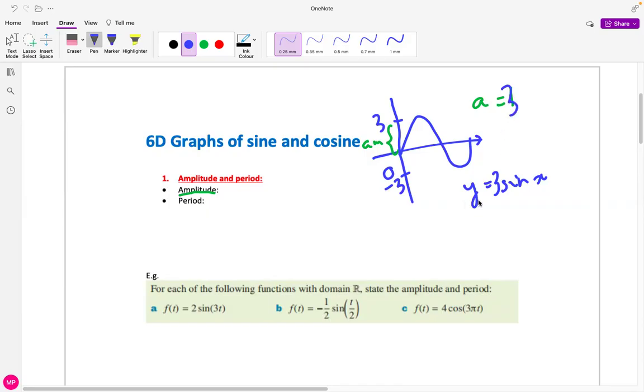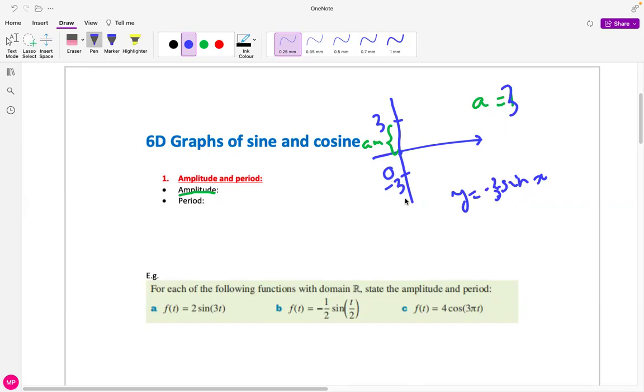Okay. What if you add the negative in the middle? If I do have a reflection, this time I do y equals -3 sine of x, right?